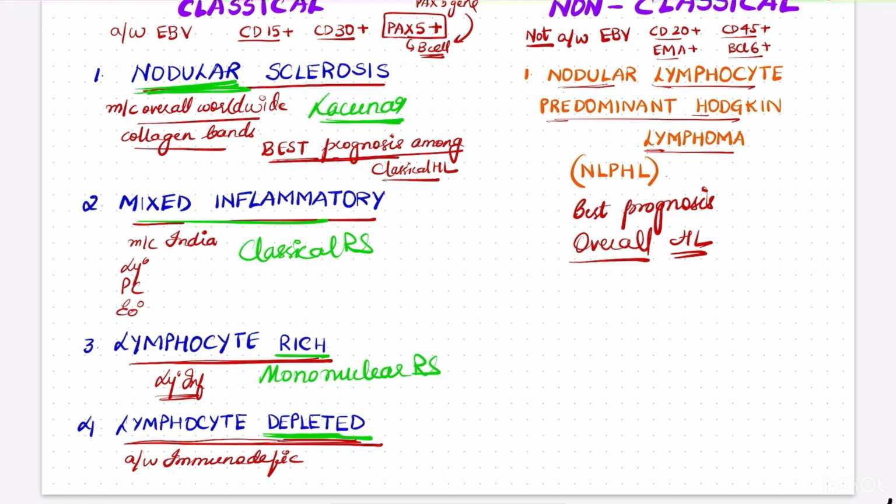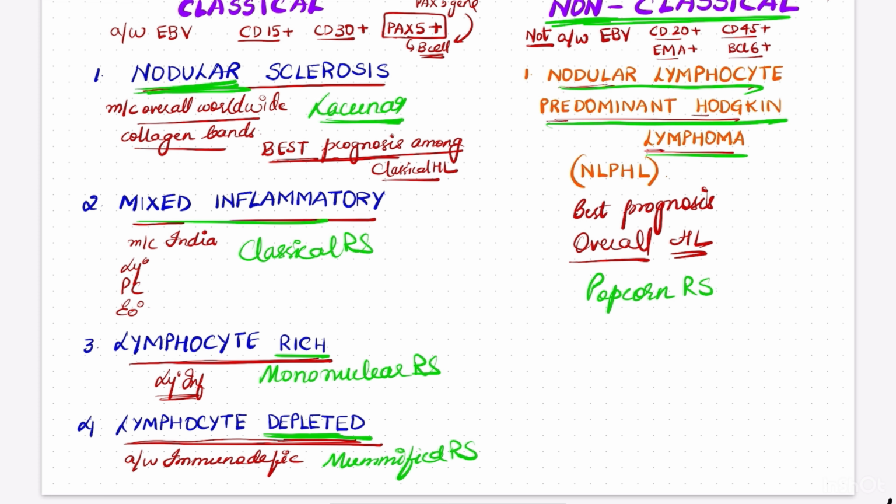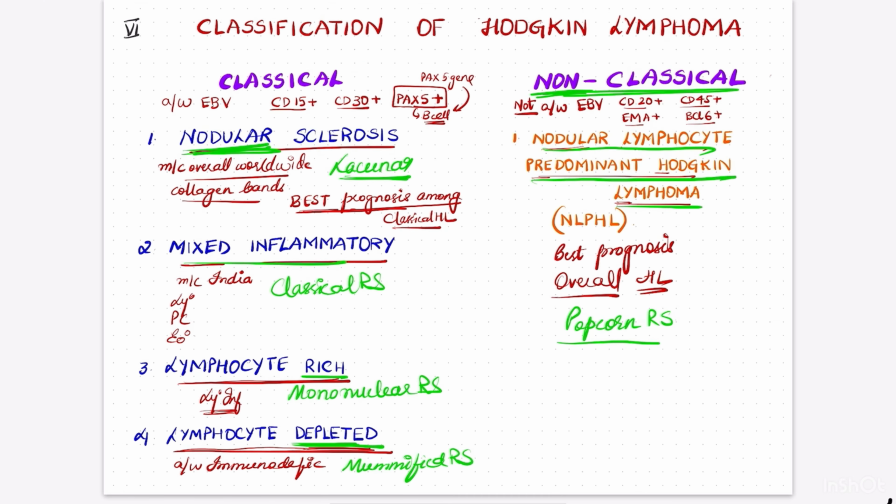Lymphocyte depleted, depleted means dead, degenerating mummy. So mummified RS cell. The non-classical will have the popcorn RS cell. So nodular lymphocyte predominant Hodgkin's lymphoma has this popcorn.